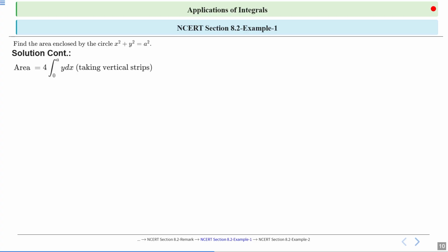So the limit is 0 to a, and the area of this thin vertical strip is y into dx. To calculate the area of AOBA, we just find the definite integral of y dx from 0 to a, and then multiply it by 4 to find the area of the entire region.